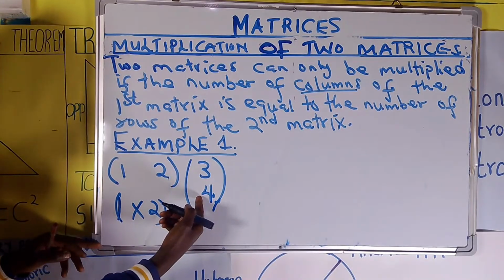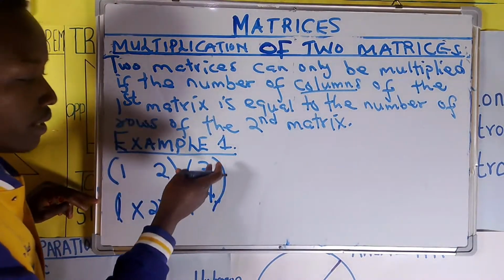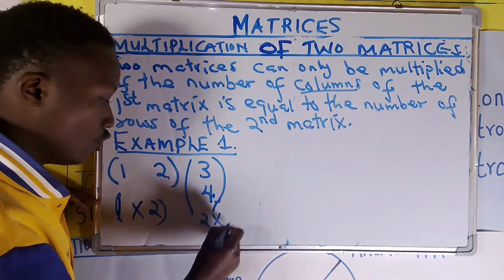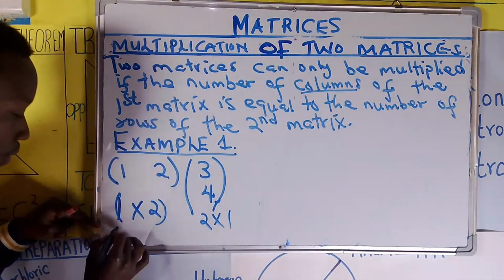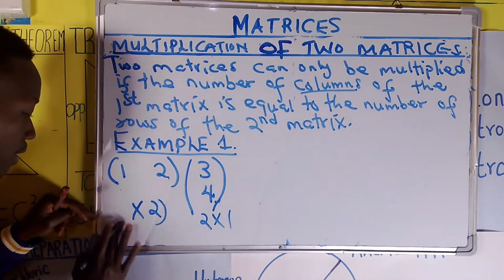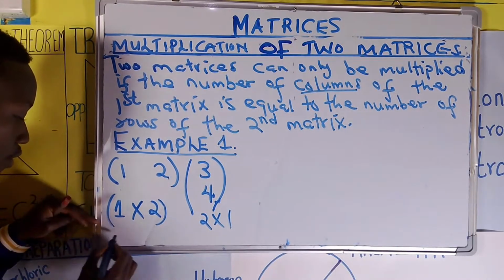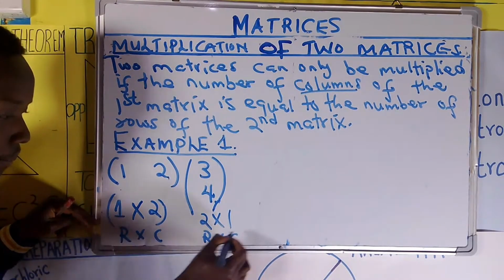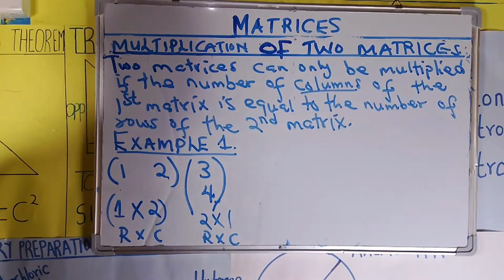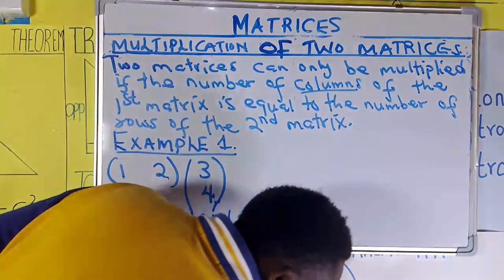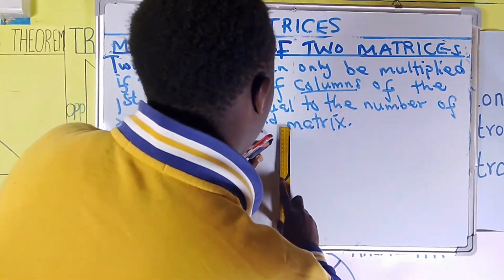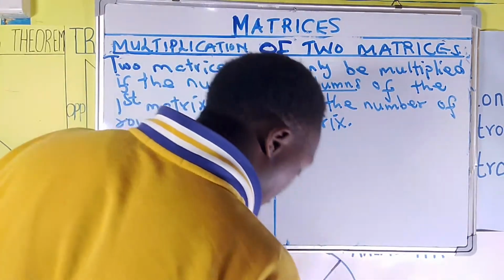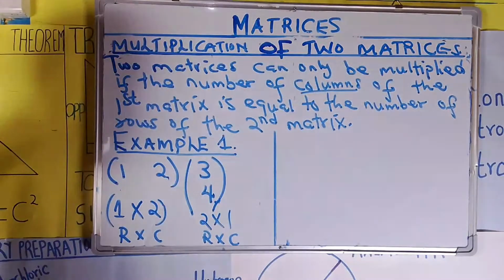Let us check this one out. It has 2 rows and 1 column, so it is a 2 by 1 matrix. We have said that for us to multiply matrices, the number of columns of the first matrix must be equal to the number of rows of the second matrix.